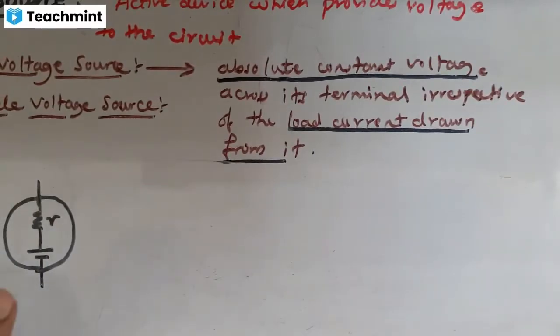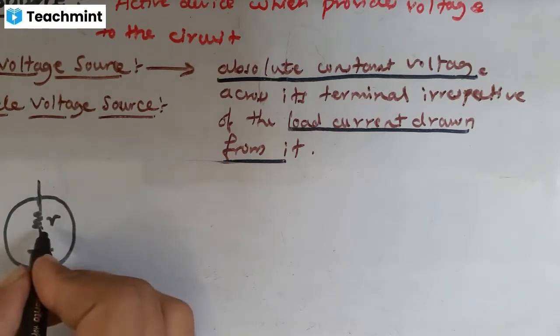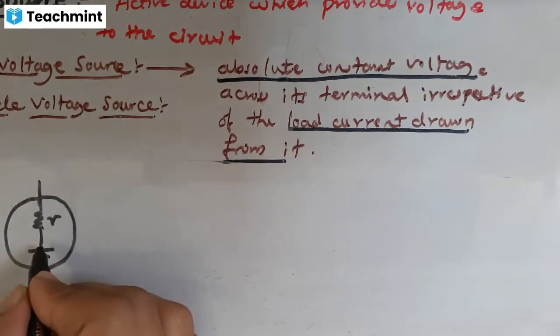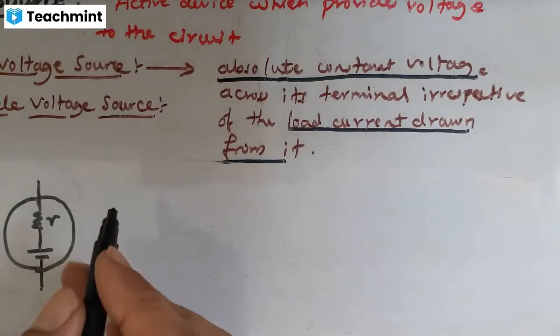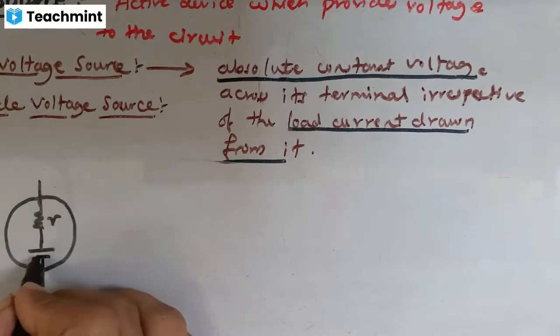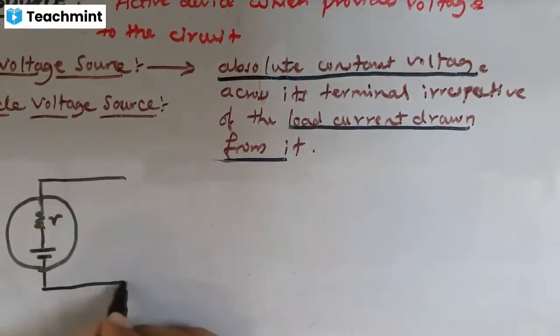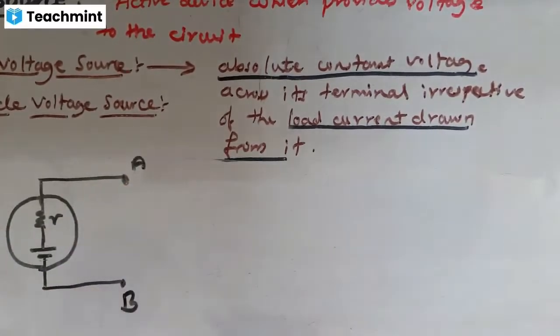This is a symbol. One battery is actually inside, one source which produces a voltage of Vs, and in series with that source some internal resistance is there. You know already, any component has some internal resistance. Likewise here, this source has some internal resistance r, and it has two terminals, one is A, another one is B.